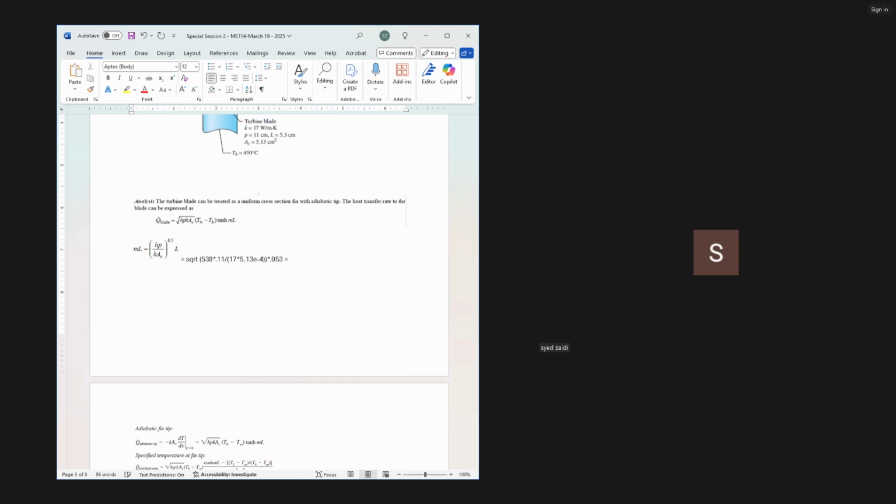So can you calculate what is ML? I got 4.36.